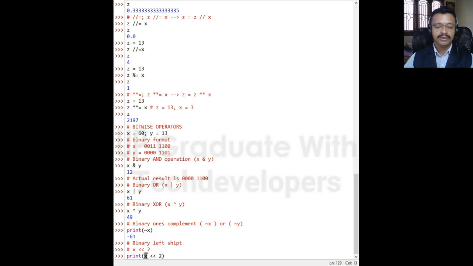Here the left operand value is moved left. Okay, this left arrow indicates it is moving towards the left by the number of bits specified by the right operand.